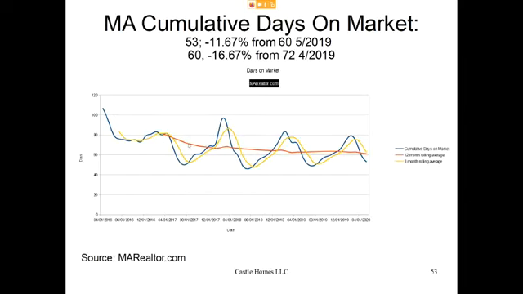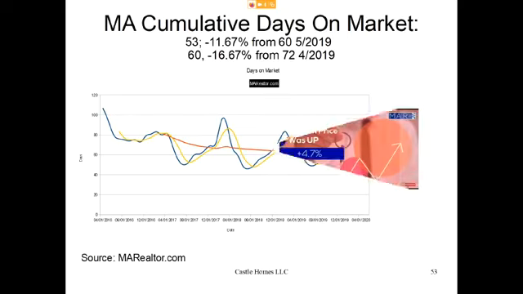And the red line is a 12-month rolling average, and they're all sort of starting to tick down. That really tells me that we're in a very hot market in Massachusetts if we're seeing cumulative days on market go down. Cumulative days means the first time a house is listed for sale to the final pending status before it goes sold. So that means that period of time is compressing.